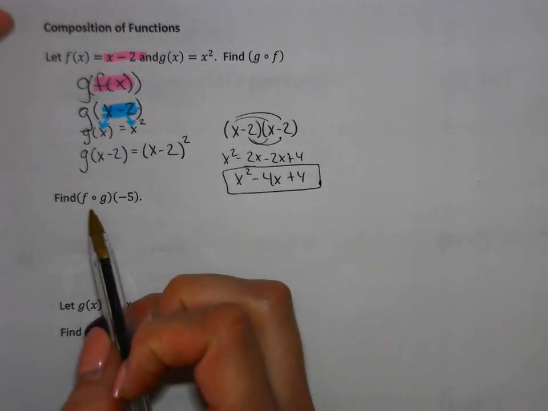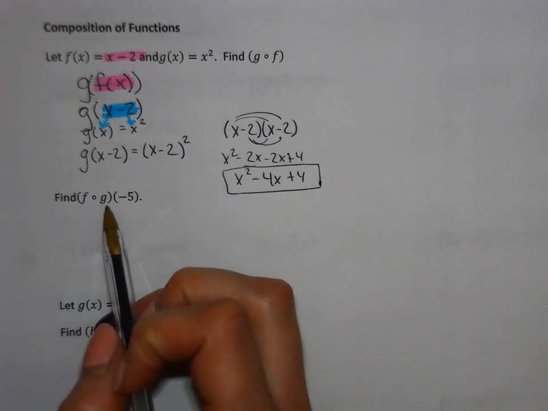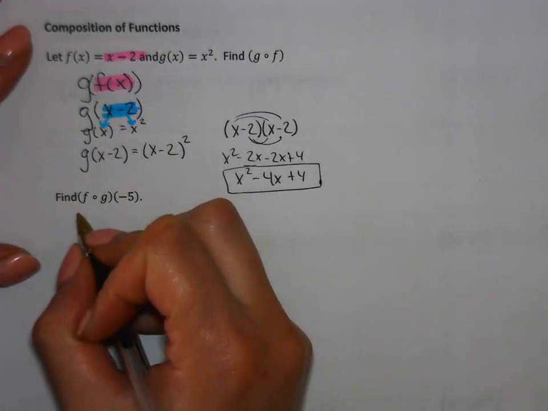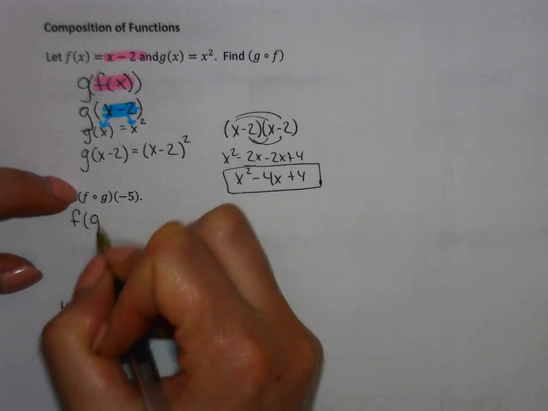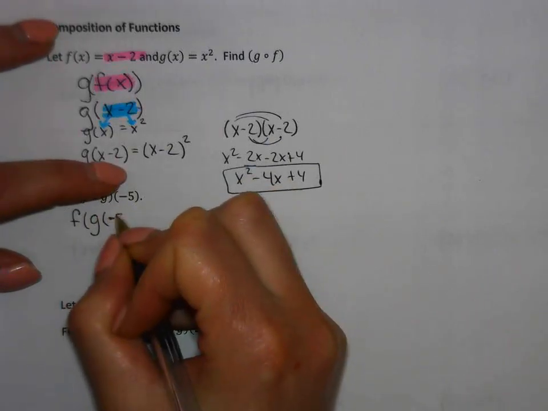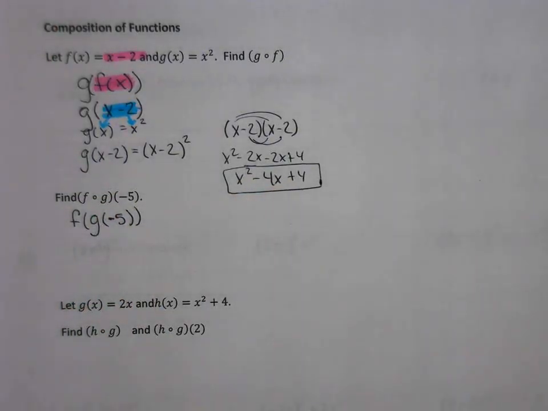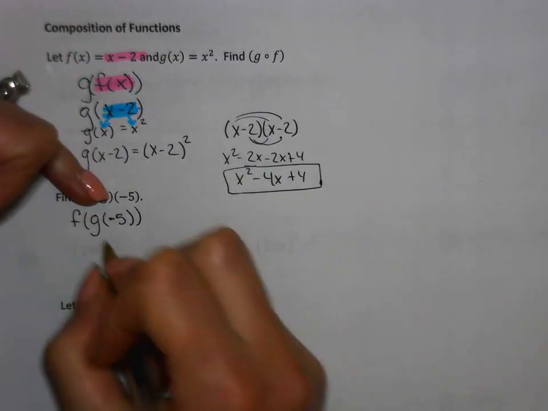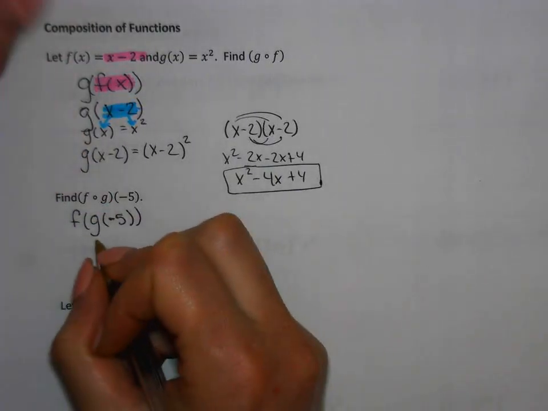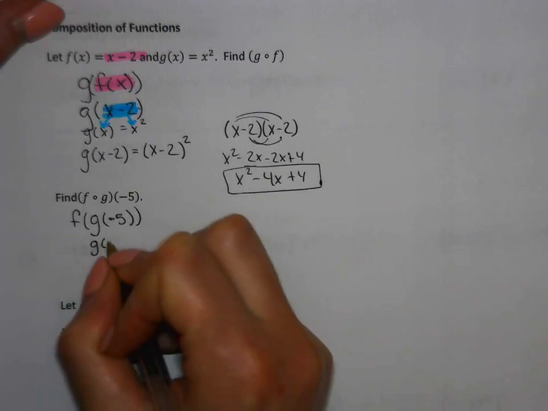Now let's find the composite function of function f with the function g. So here we're going to have the function of f, function of g, of negative 5. So we're going to start with our inside function, which is g of negative 5.